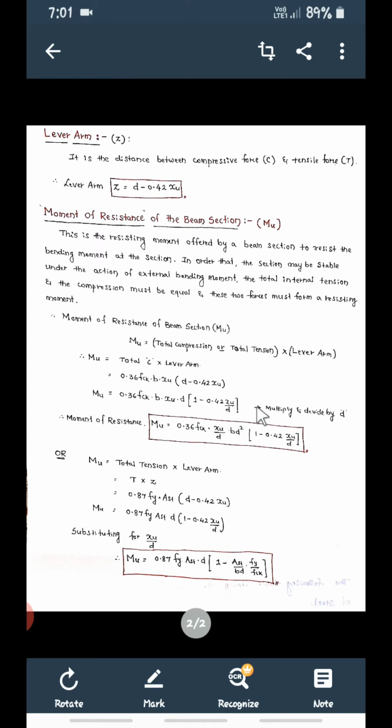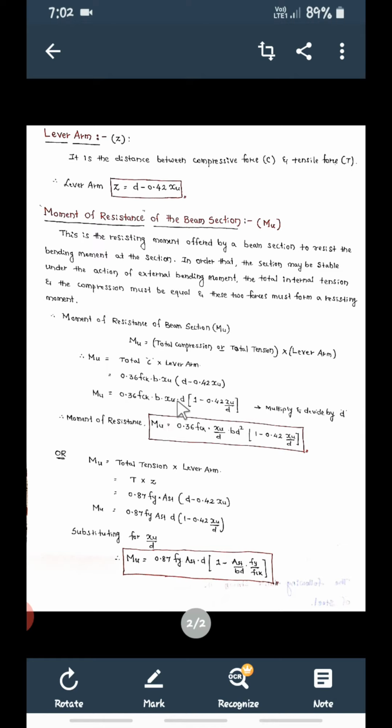Now again, for this you have to multiply and divide by d. So what do we get? Mu is equal to 0.36 fck, then xu by d, as we divided by d.